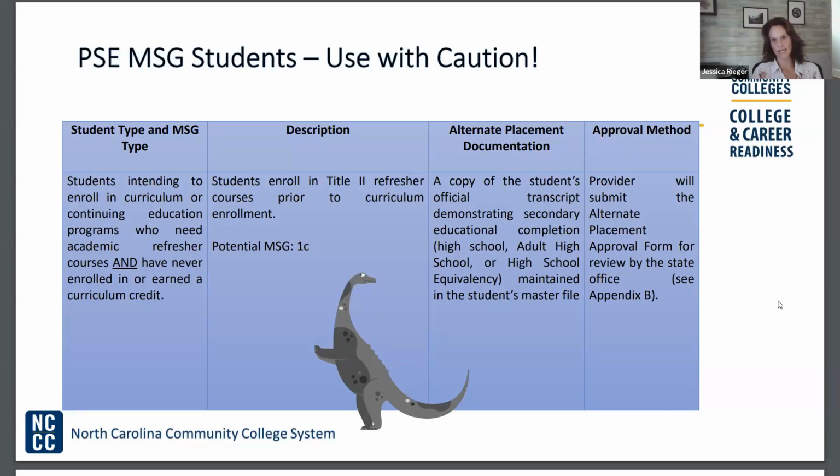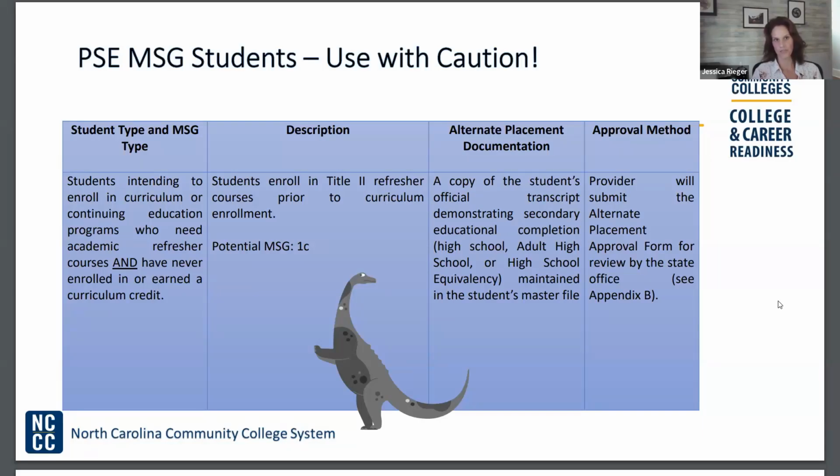So when we go to data match with the National Student Clearinghouse, those students are not going to earn the post-secondary enrollment because they already have a curriculum credit prior to CCR enrollment. So we can't give the PSE MSG for those students.